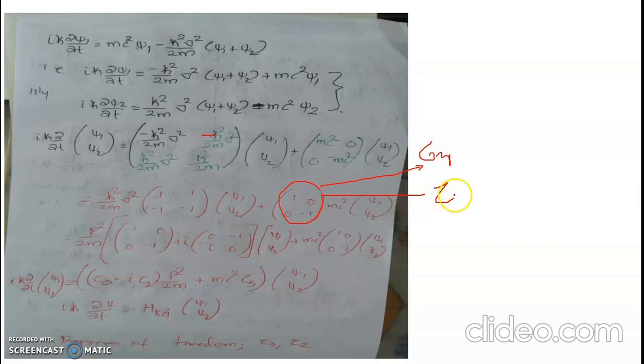So this is the third component of this operator matrix tau 3, mc square psi 1 psi 2, and this can be split up as 1 0 0 minus 1 plus i 0 minus i 0, and this is nothing other than tau 3 again, and this is identical with sigma y, we label it tau 2.